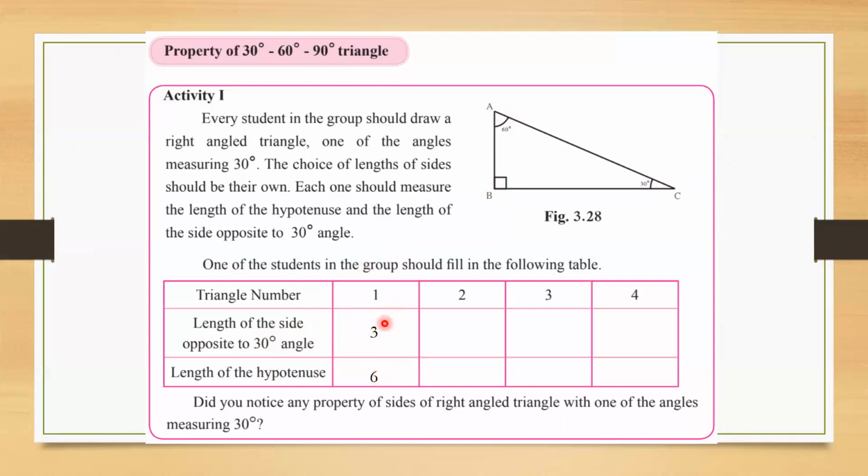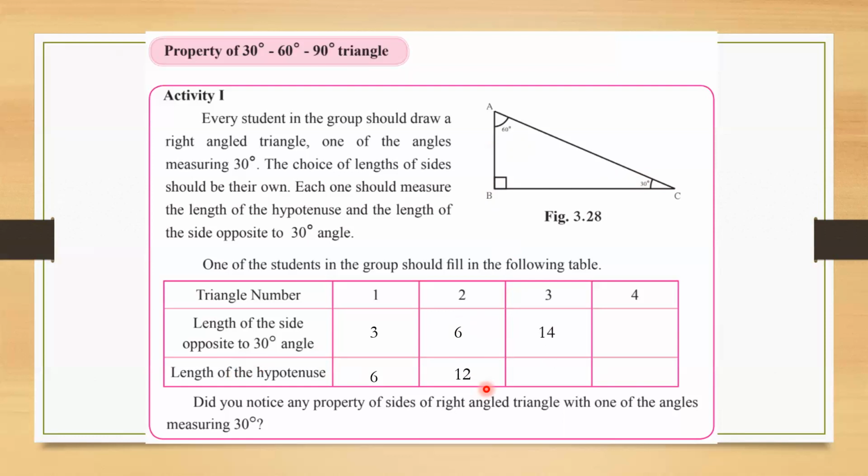What is half of 6? It is 3. Okay. So in a second triangle, if somebody has drawn a triangle and they get the side opposite to 30° as length 6, what will be the length of the hypotenuse? It is double, it is 12. Now if some other group gets the side opposite to 30° as length 14, then the hypotenuse will be exactly double, that will be 28. And if somebody gets 4, then the hypotenuse will be 8. So what is half of the hypotenuse?